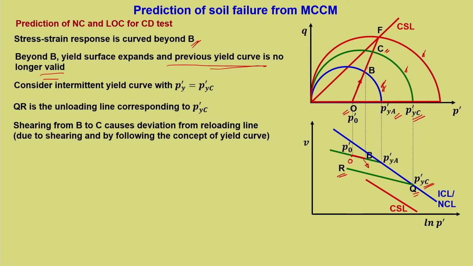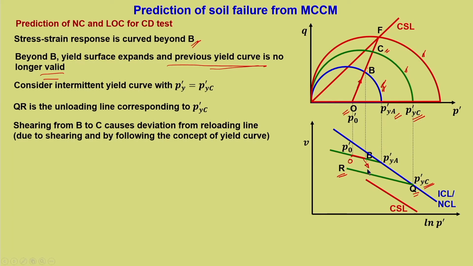Initially it was along the unloading reloading line, which is the elastic response, but on shearing at B it has to deviate. So, at this particular point B only it is deviating. Initially we have drawn it as a curve, now it is coming along the unloading curve and then it is coming towards the critical state line.